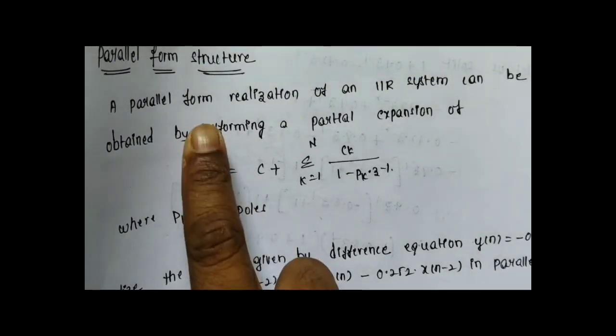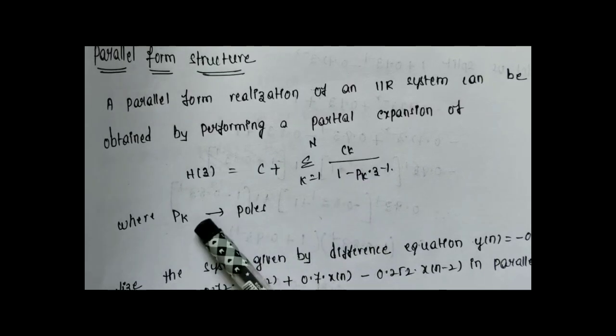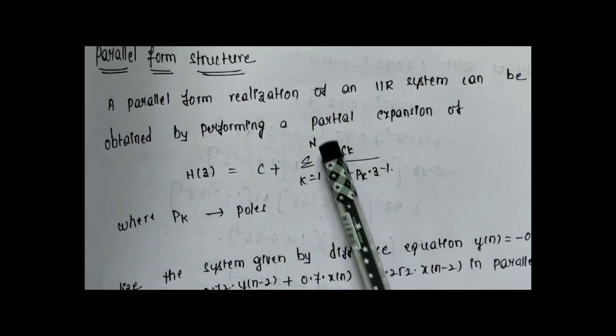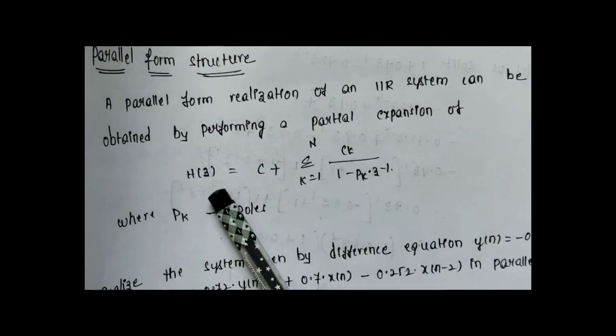If you are seeing the parallel form realization in the examinations, you have to remember that you have to obtain the partial fractions and represent the given equation in this form: C plus sigma k equal to 1 to n of ck by 1 minus pk into z power minus 1. H of z they will give you.